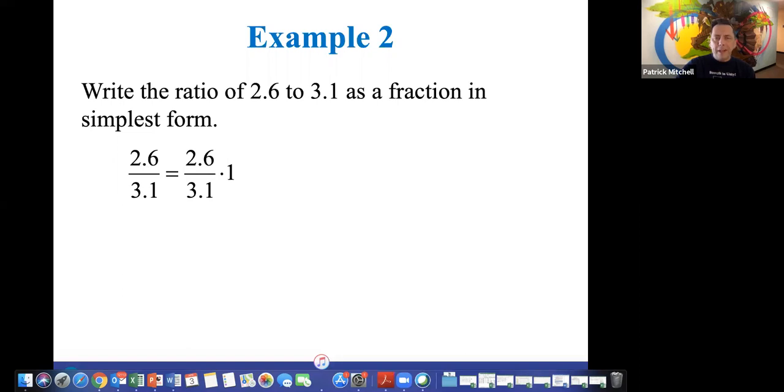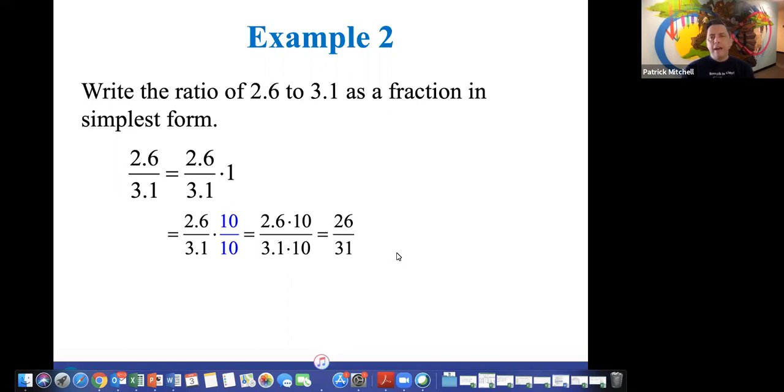And the reason I'm pointing that out is because I'm about to multiply the top and the bottom by 10. Remember from the last chapter that when you multiply a decimal by 10, it moves the decimal point one place to the right. So that's how I'm going to turn these numbers into integers. By multiplying them both by 10, I get 26 over 31. That has the same value as the ratio 2.6 to 3.1.